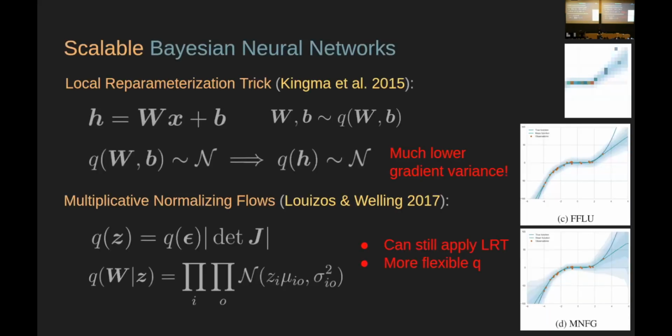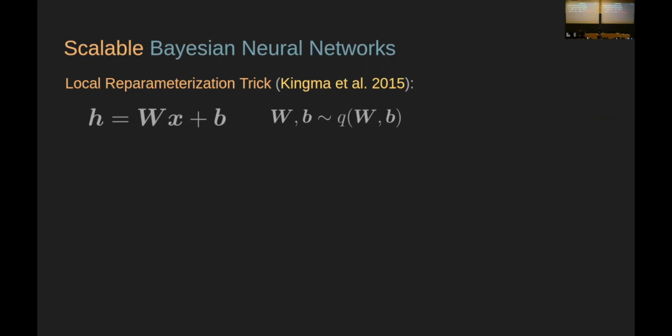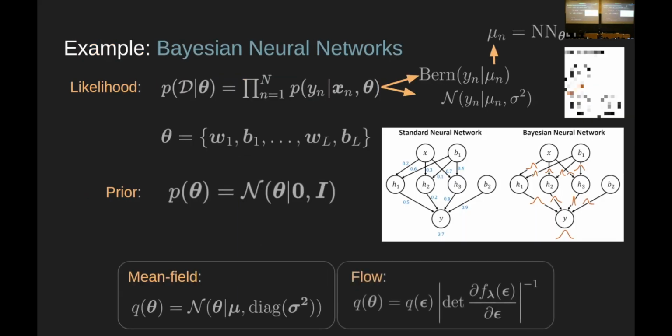So you mean to just have Bayesian inference on the last layer?